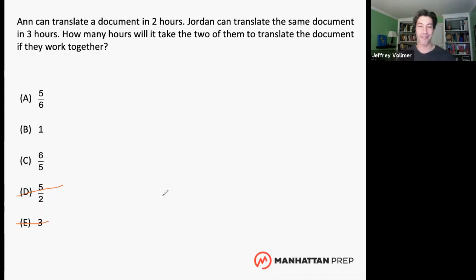I'm going to come back to that question in a second. We've got 2 identical workers, one of whom could have done the job in 2 hours. So now that there's 2 of the workers, you should cut the time in half. So even if you had 2 Anns, this would get done in an hour. So there's no way you can take Ann and a slower person than Ann and do it faster than an hour.